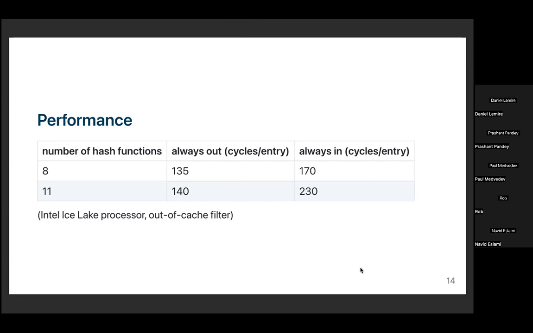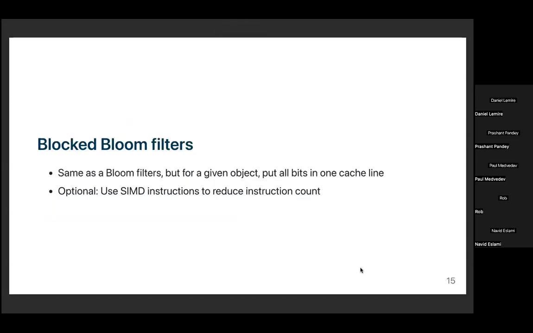If I always do accesses that are not into the filter, you see here, and this is for a large filter, that the cost is not very much dependent on the number of hash functions, and this makes sense if you recall my previous discussion. Whereas, of course, it does increase substantially when it's always intersect. So there are basically different patterns of performance depending on where you want to go.